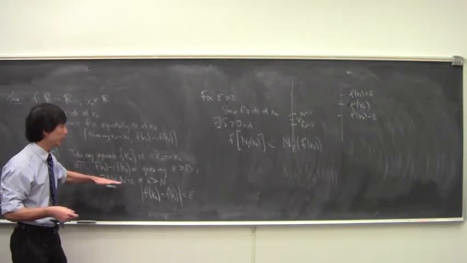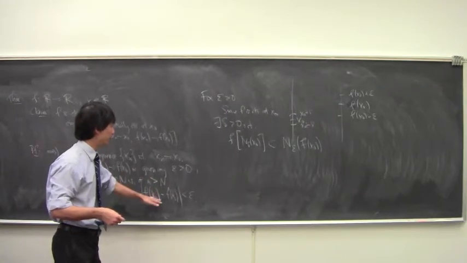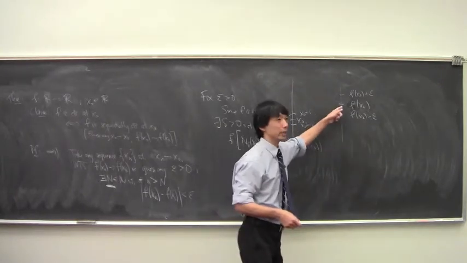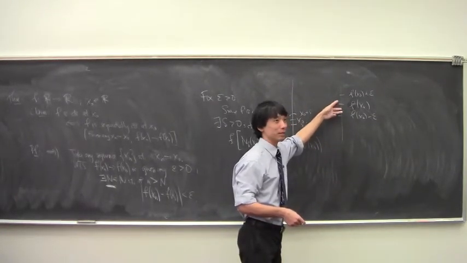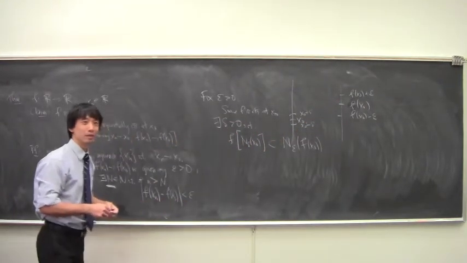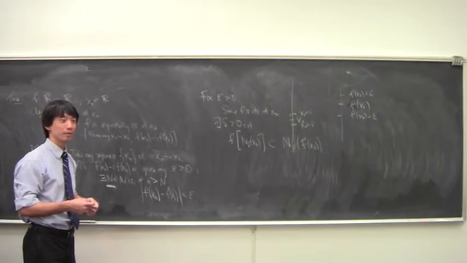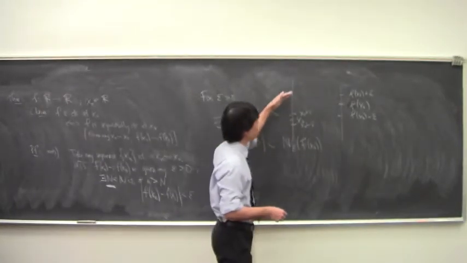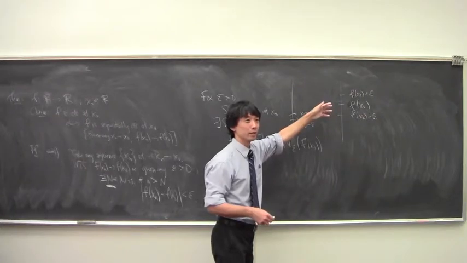We want an n so that if n is bigger than n, then all the f of xn's lie inside it. So we have a delta, so that if you drop into this neighborhood, all the outputs will lie inside here.